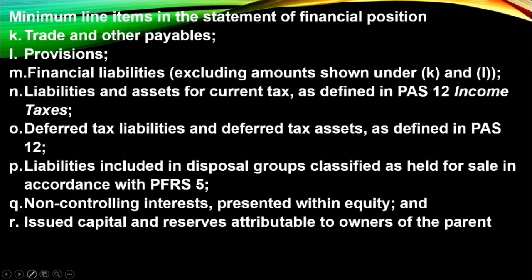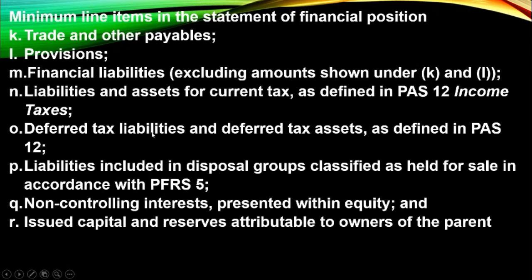Financial liabilities excluding amounts shown under K and L. We have the trade and other provisions. Other than this, the liabilities and assets for current tax as defined in PAS 12 Income Taxes, deferred tax liabilities and deferred tax assets under PAS 12, the liabilities included in disposal groups classified as held for sale in accordance with PFRS 5, and non-controlling interest presented within equity, and issued capital and reserves attributable to owners of the parent.